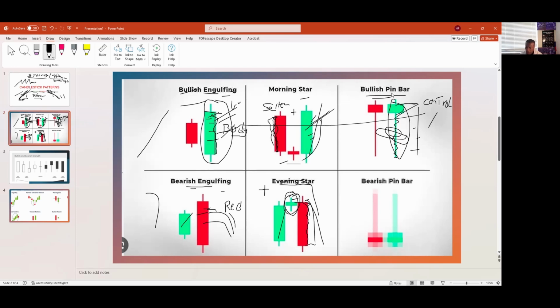Now, remember, this one we call bullish pin bar. That means with this bullish pin bar, buyers are pushing the price up and it closes there. We call it bullish pin bar for bullish. Here, we call it bearish pin bar.